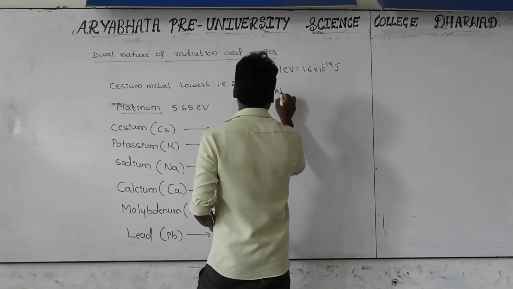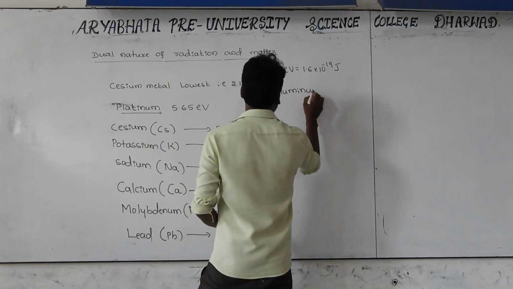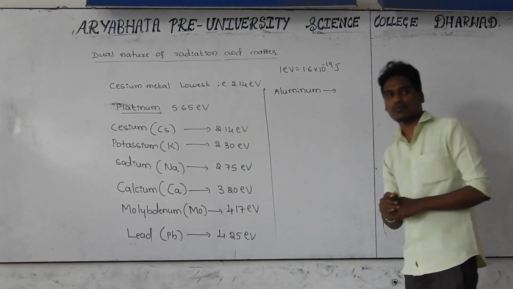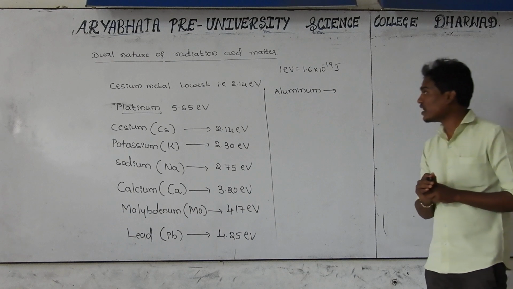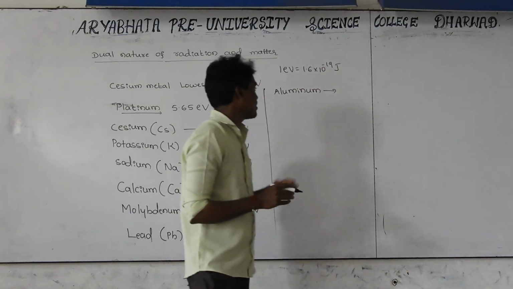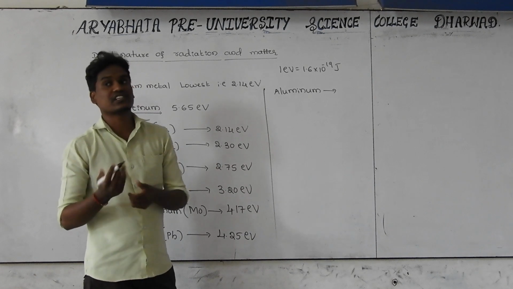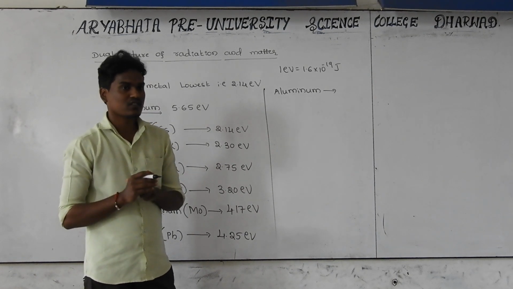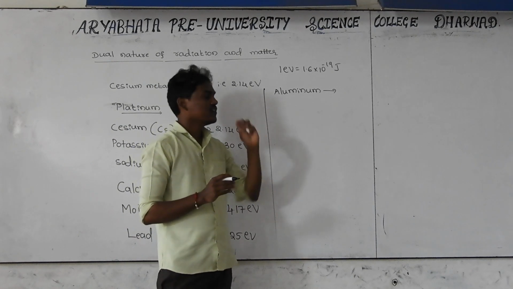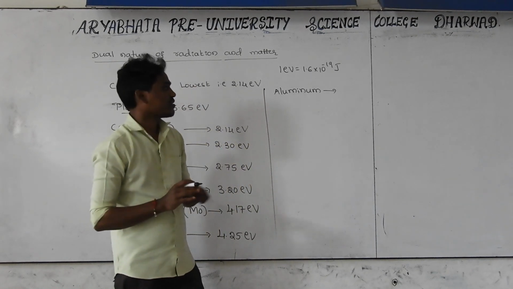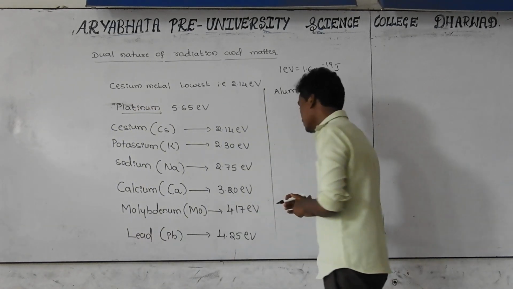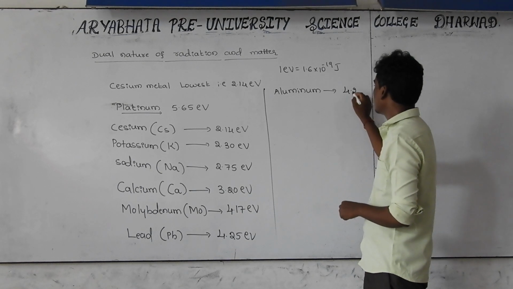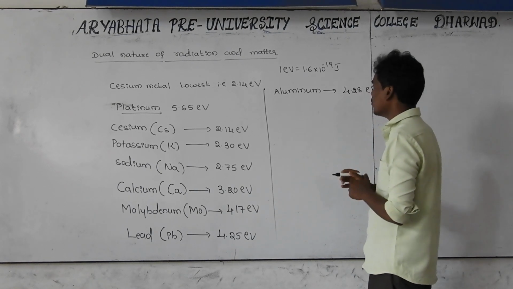And the next one is aluminum. In order to emit the electron from the surface of the aluminum metal, the electron has to come out from the surface of the aluminum and it has to receive some amount of energy in terms of electron volt, that is 4.28 electron volt.